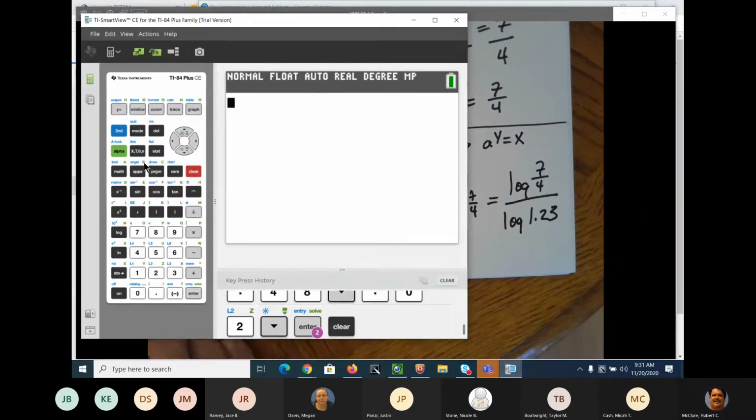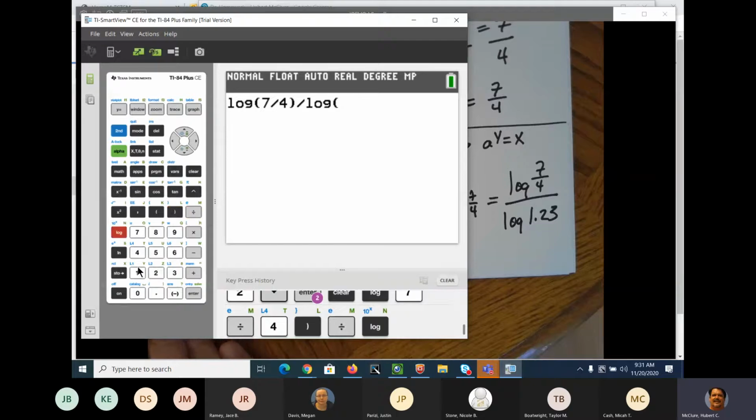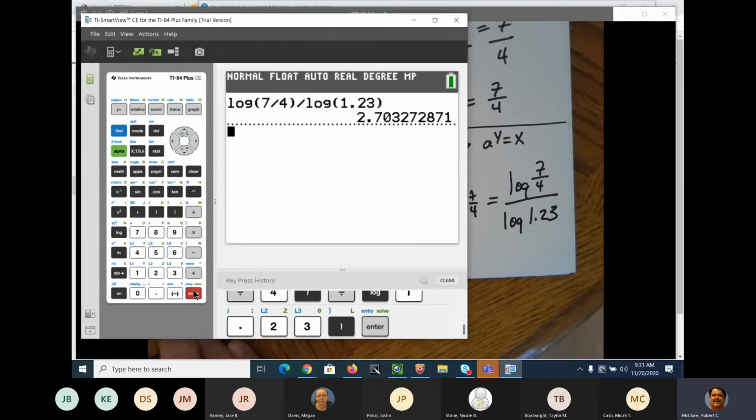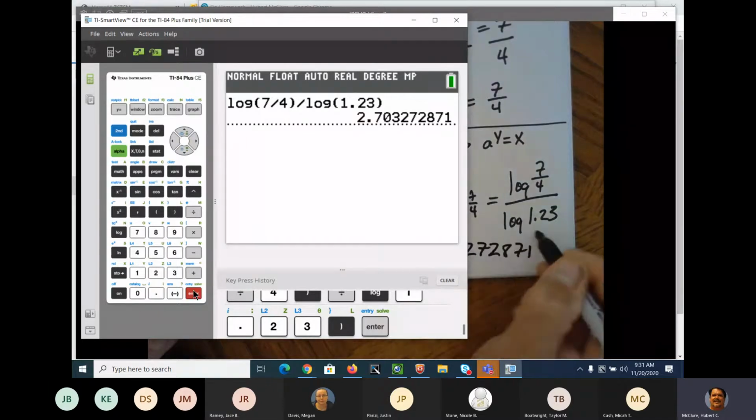Log of 7 divided by 4, close parentheses, divided by log of 1.23, and enter. 2.70327 blah blah blah. 2.703272871.